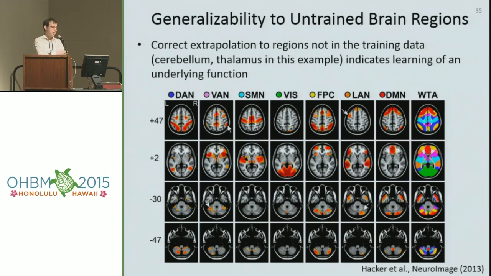So why does this work? It means that we learned an underlying mapping for the correlation maps that these thalamic regions produce, and this underlying mapping was able to associate this with the correct RSN on the basis of the correlation map rather than where the voxel location is.